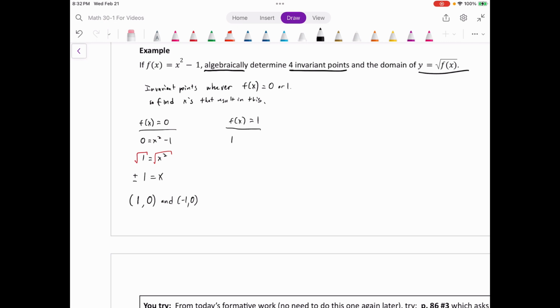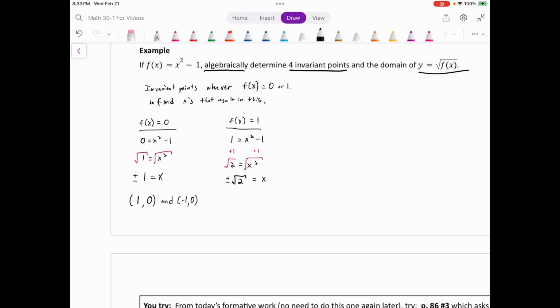How do we make x squared minus 1 equal 1? Well, I'll add 1 to both sides to start solving for x. That's going to give me 2 equals x squared, and now take the square root: plus or minus the square root of 2. I would not put that into your calculator and get the irrational number.